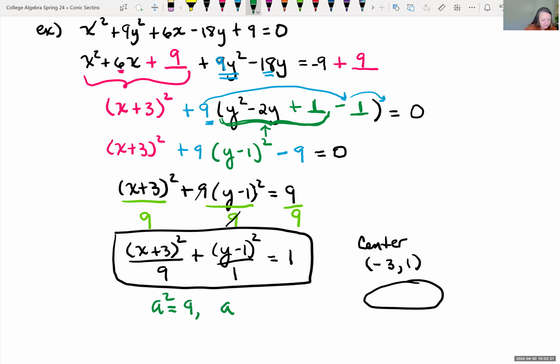So again, my a value is the square root of that, which is 3. My b value, b squared is 1. Take the square root of that, b is 1. Okay, so let's plot our center, -3, 1. So go to the left 3, up 1.